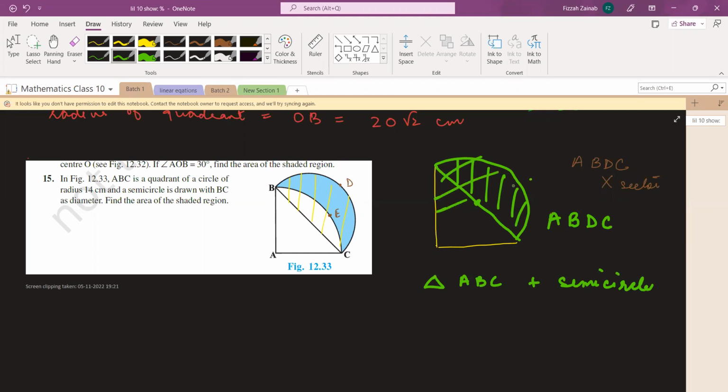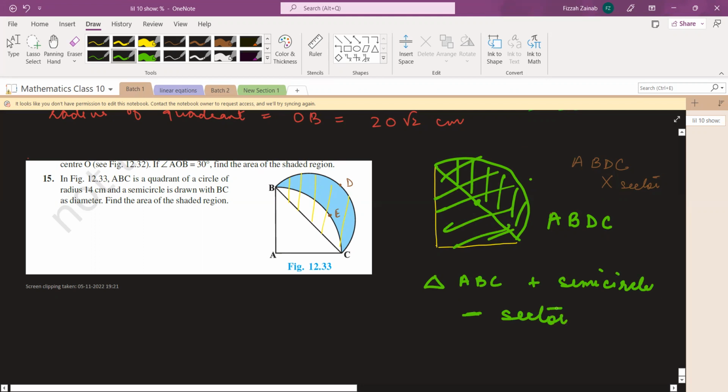I mean, this every area you will get, triangle plus semicircle. Now, out of this, if you subtract sector, you will be left with only the shaded portion. Sector this A, B, E, C. Understood? Okay.